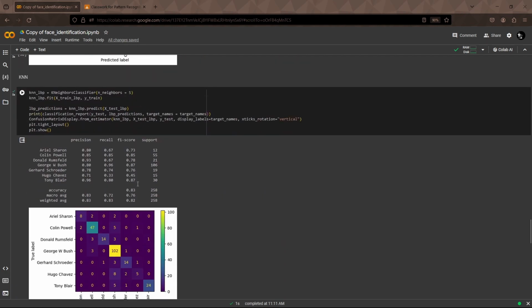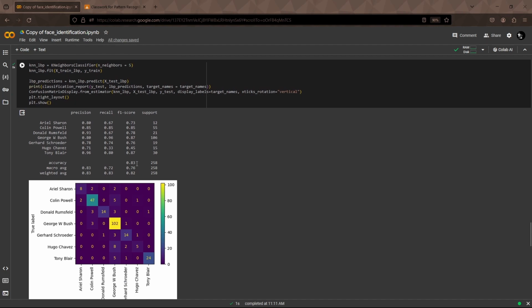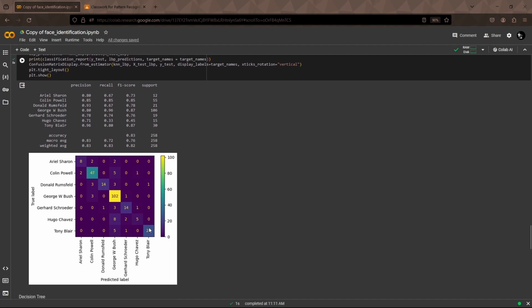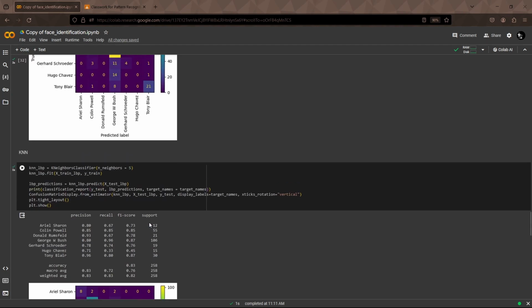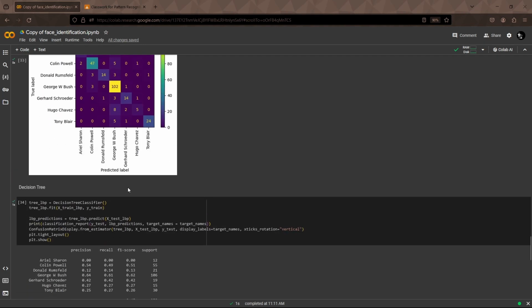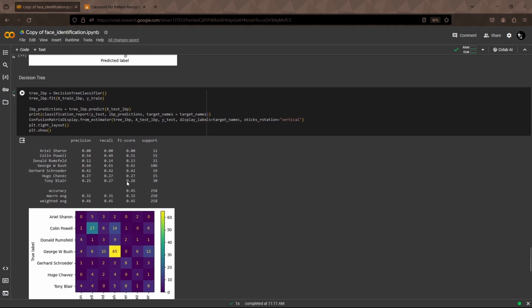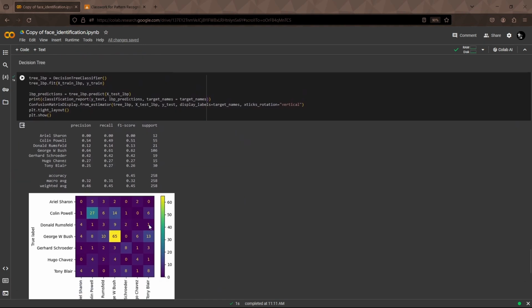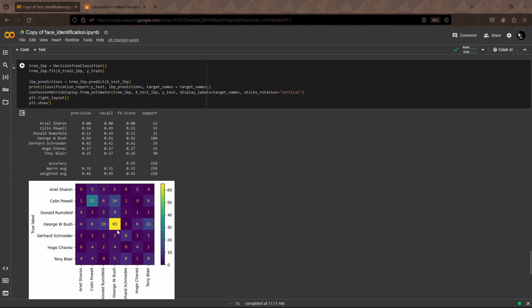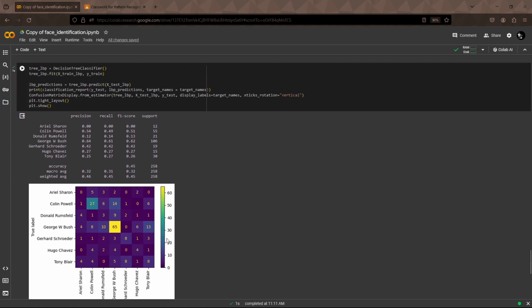For KNN, the accuracy was higher at 83%, and you can see it more or less forms a diagonal matrix, which is much better than this one. But the accuracy and other metrics were lowest for the decision tree, and maybe the reason for this could be that the decision tree is not able to form a well accurate decision boundary for multiple classes.